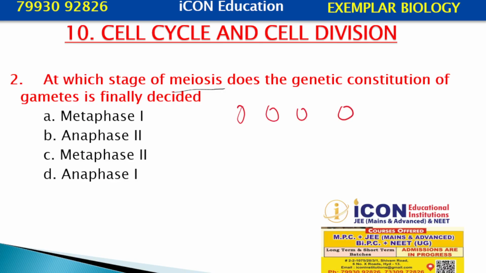Now these 4 haploid cells are going to have half the number of chromosome when compared to the parent cell. So at which stage is the genetic constitution of gamete finally decided? It is decided during the splitting of chromosome.